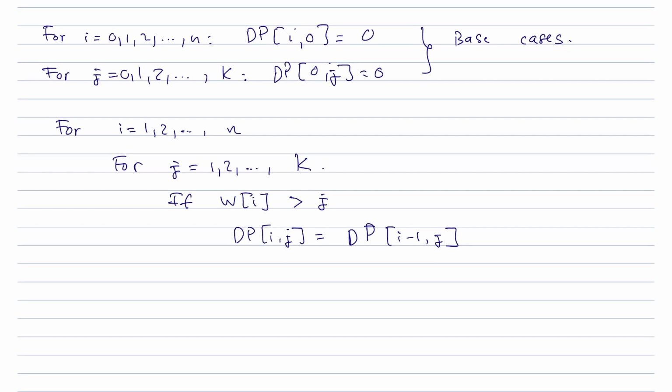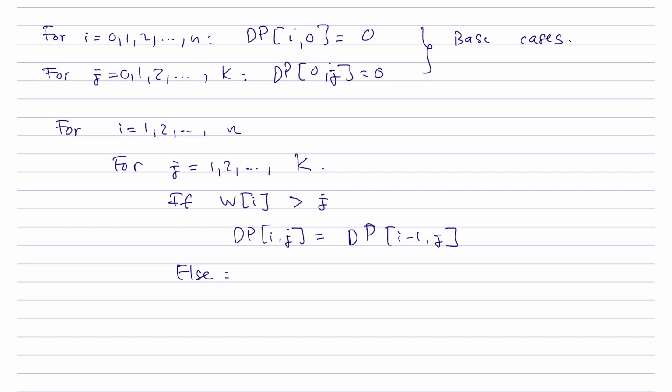Now, otherwise, if item i can fit within the budget j, right? So there are two cases. Either you pick item i in the optimal solution, or you don't.